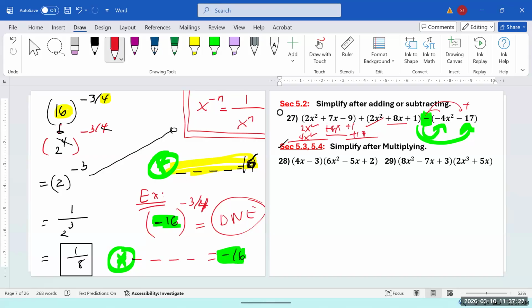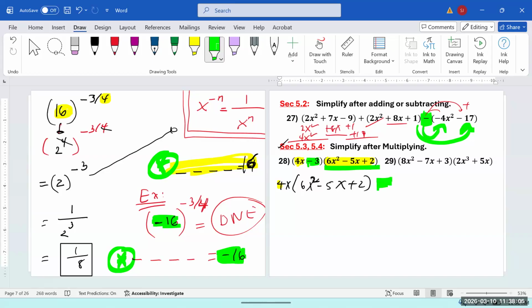For multiplication, you take one number from one polynomial and multiply everything. So either you have your box method, or you can simply do it manually one by one. You take your 4x and multiply the entire second polynomial. So 4x times 6x squared minus 5x plus 2. And then you take your second term, -3, and multiply the entire polynomial.